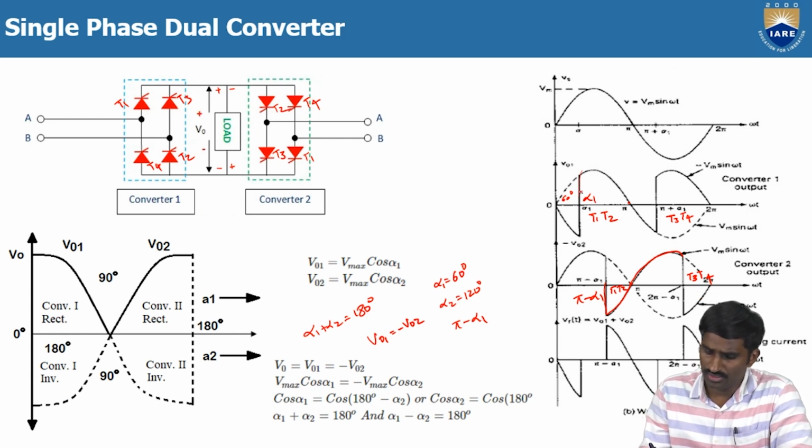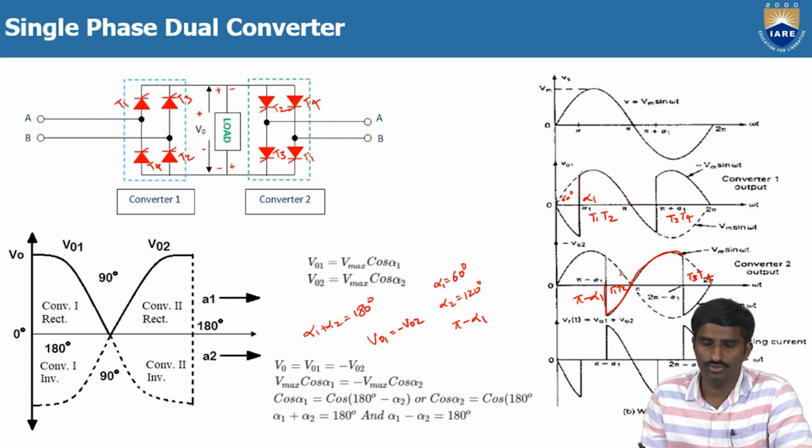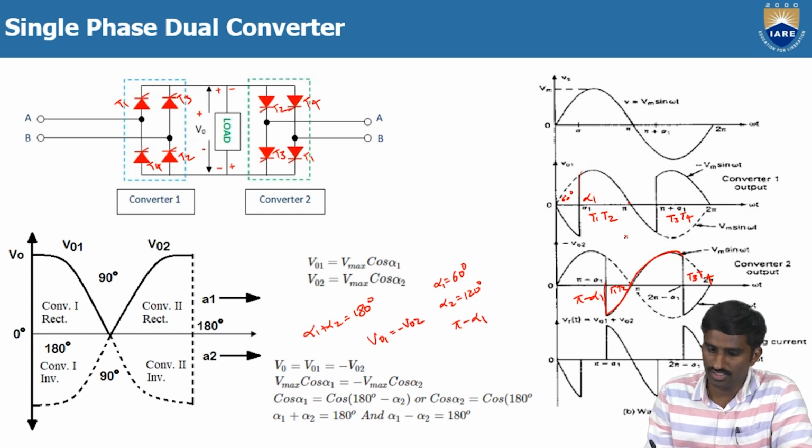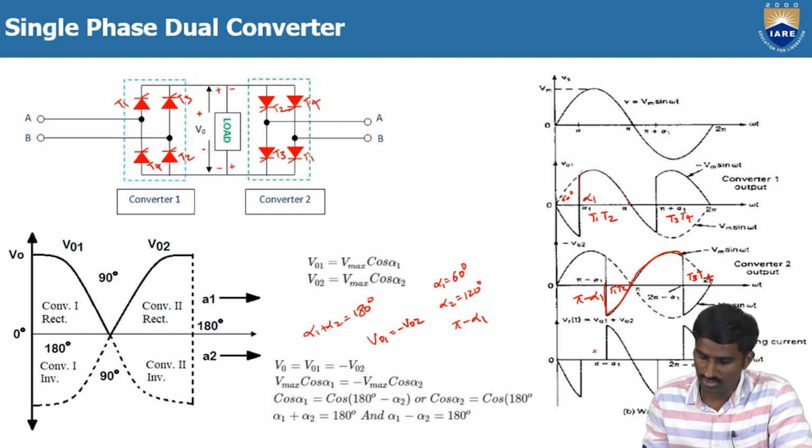So this is how you will get V01 and V02. If you add these two, V0 of t equals V01 plus V02, then you will get the actual circulating current output, which is like this.